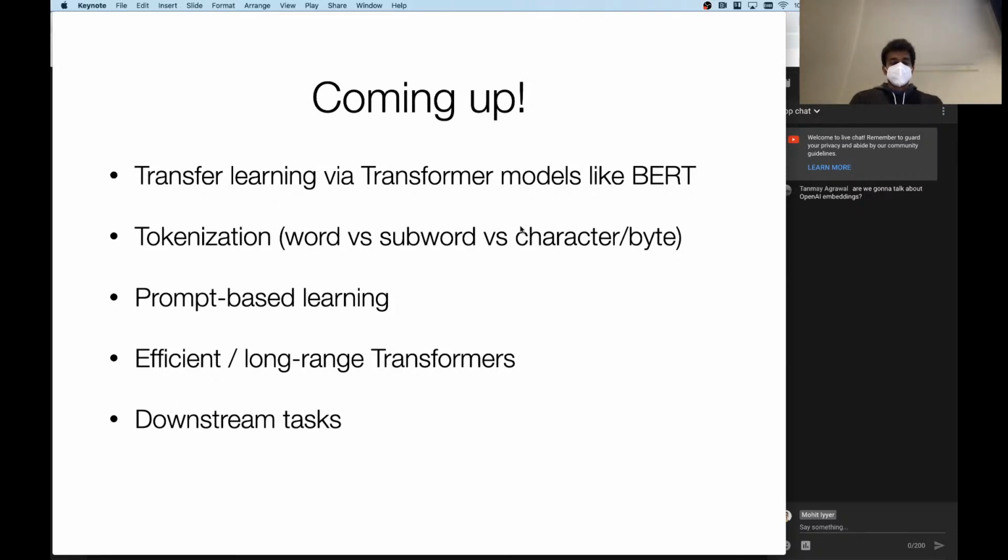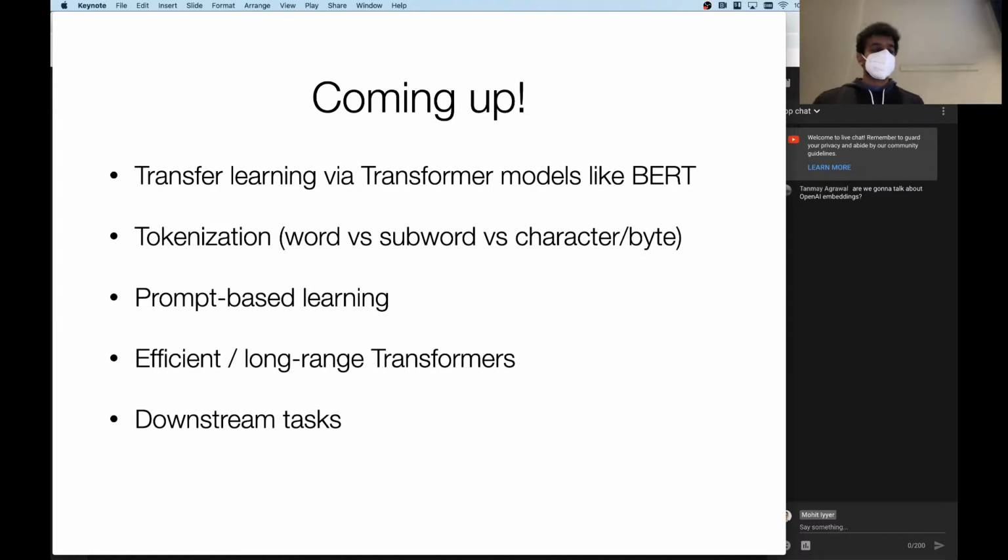Okay, so we have a lot of different variants of transformers and modifications to the data that we're going to talk about. So for the rest of this lecture, we will talk about transfer learning using transformer-like models. We'll then talk about the importance of tokenization.